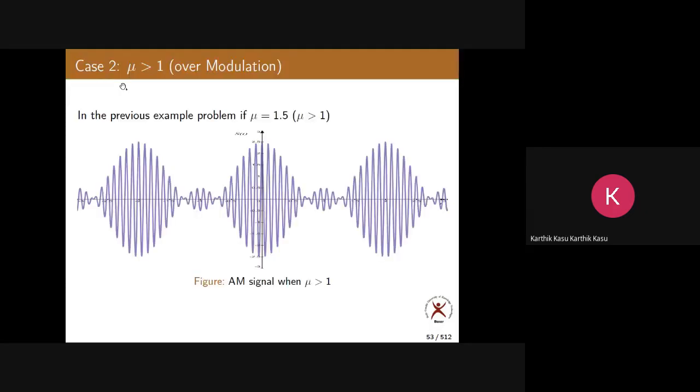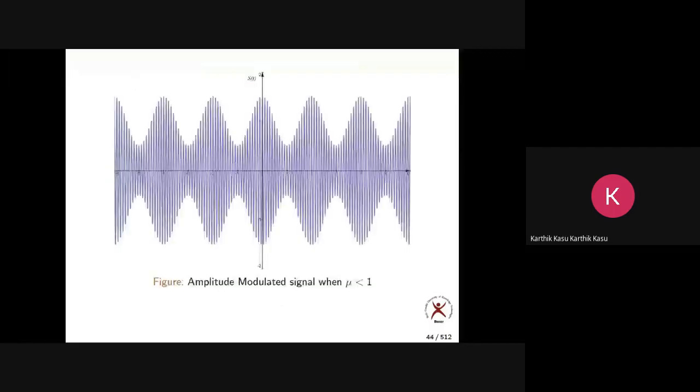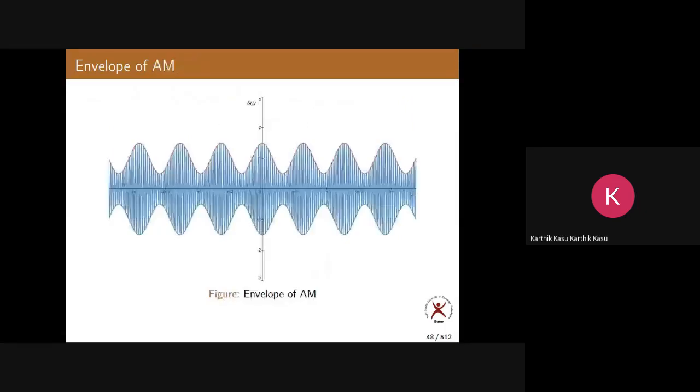This value is always between plus 1 and minus 1. You take any such signal, its maximum value is plus 1 and minimum value is minus 1. So it varies between plus 1 and minus 1. Correct or not?